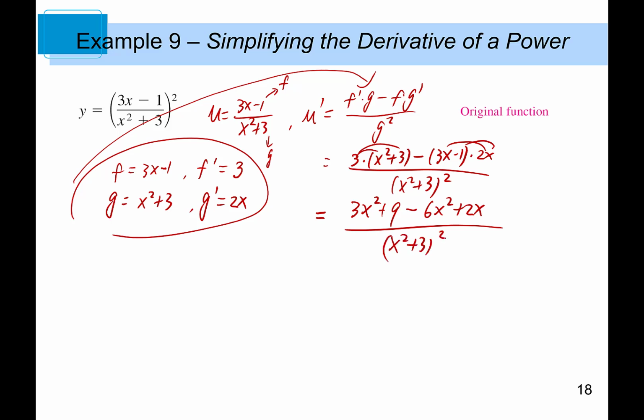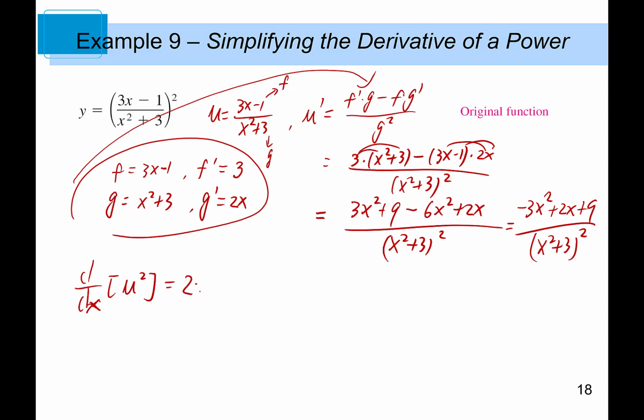And combine like terms, we have negative 3x squared plus 2x plus 9 over x squared plus 3 to the second. So here we're going to use the general power rule, so y equals u to the second. So it's 2 times u to the 2 minus 1 times u prime.